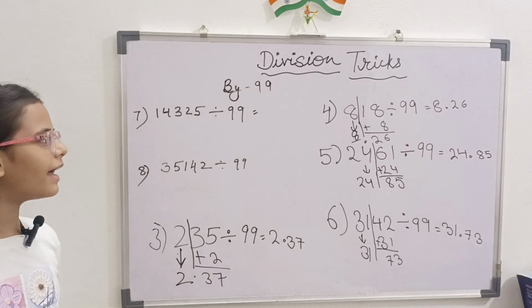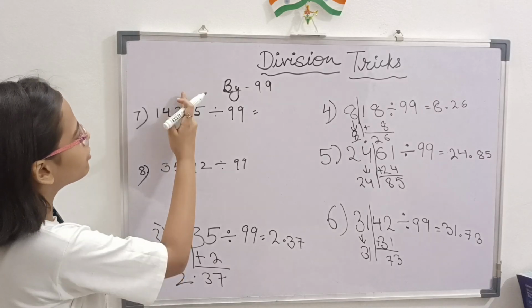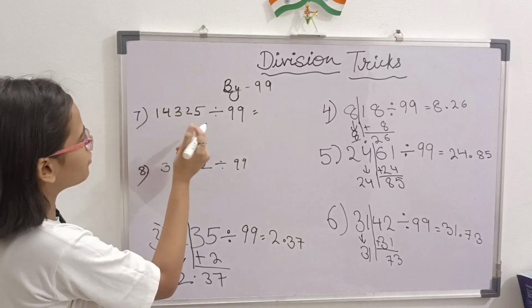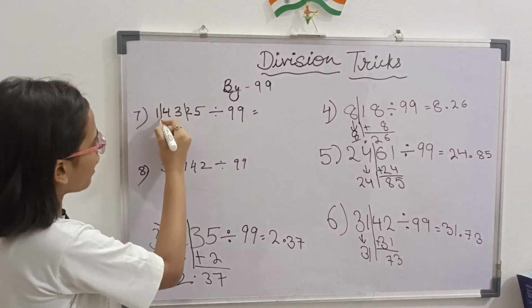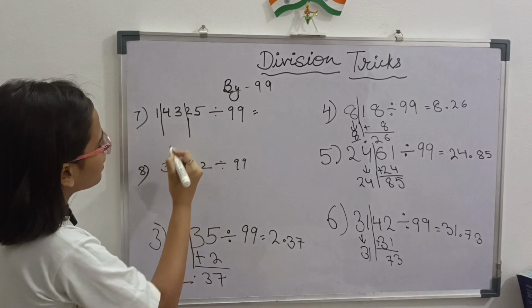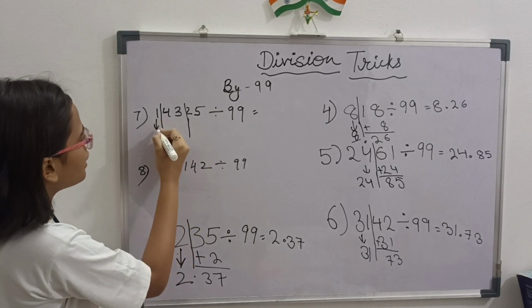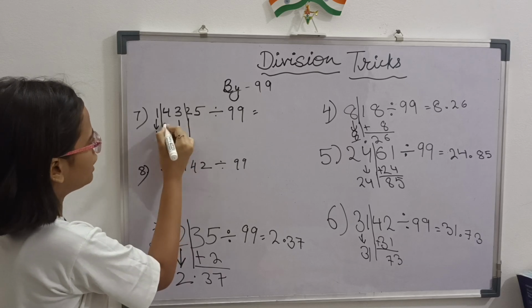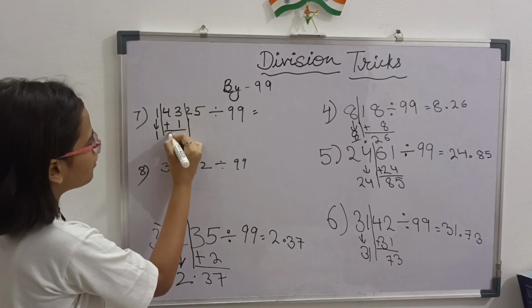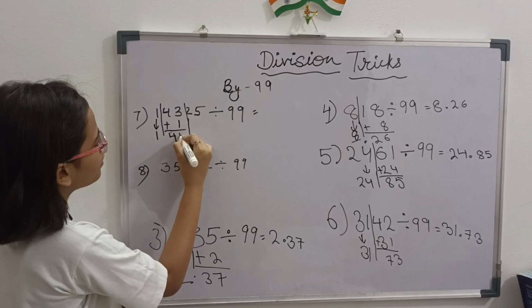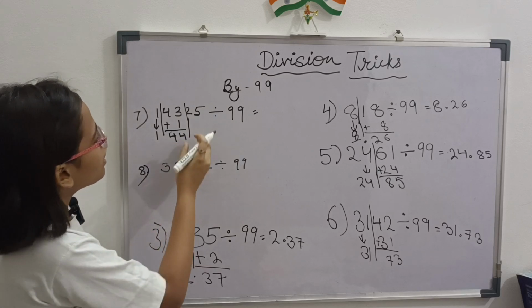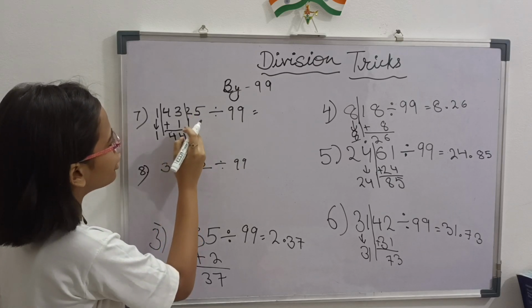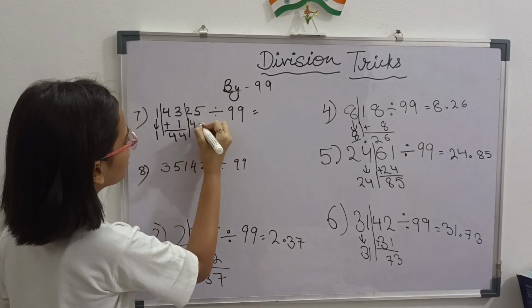So our next number is 14,325. It is a 5-digit number, so we have to make two lines after leaving two digits from the back. Then we write 1 as it is and add this 1 to 43. Then we get 44. Then we add this 44 to 25.